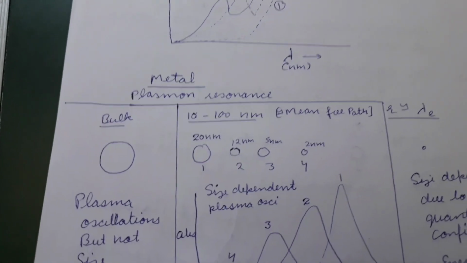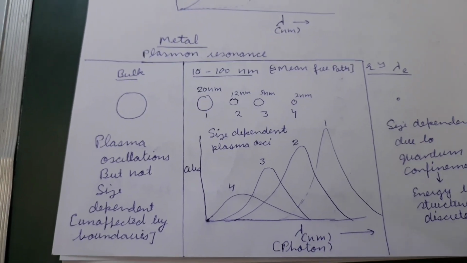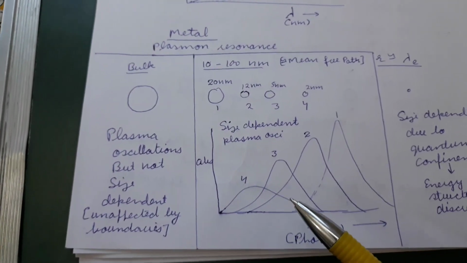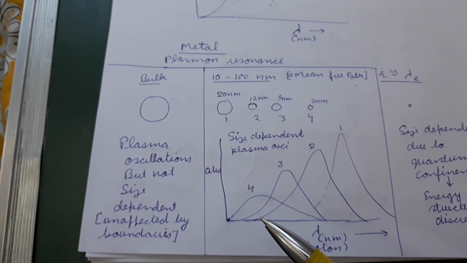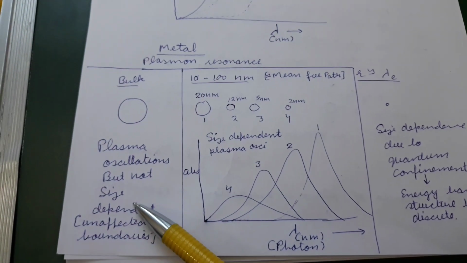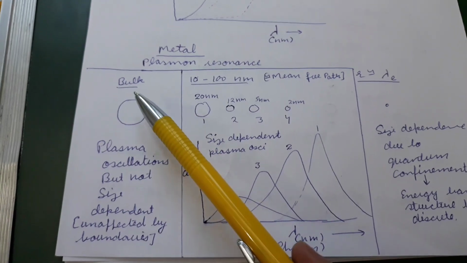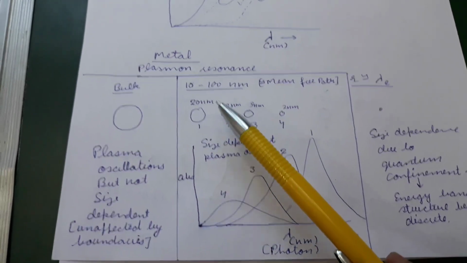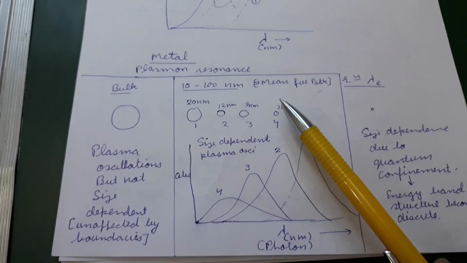But in metal nanoparticles, there is also a shift in the absorption spectra, but the reason for this shift is not the quantum confinement effect but plasma oscillations. In bulk metal, there is no size dependence, but as the size of the material ranges in the nanometer range, the absorption spectra will show size dependence.